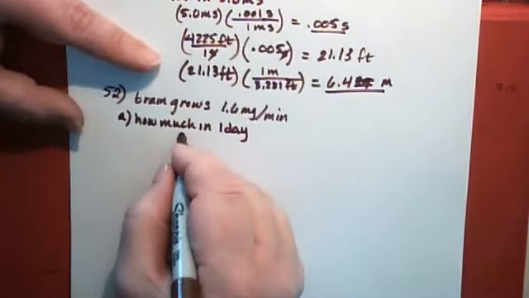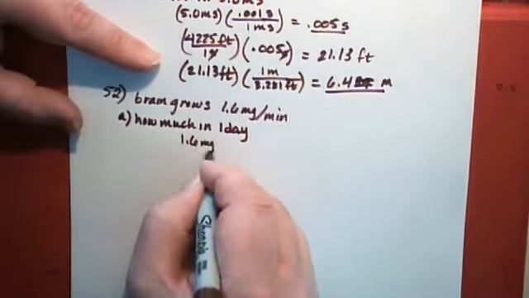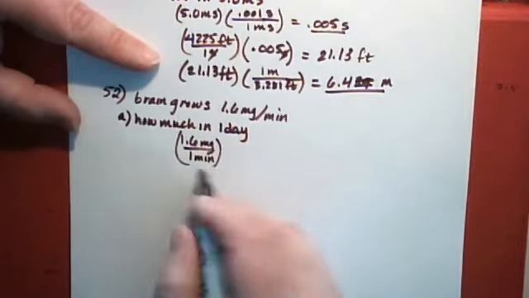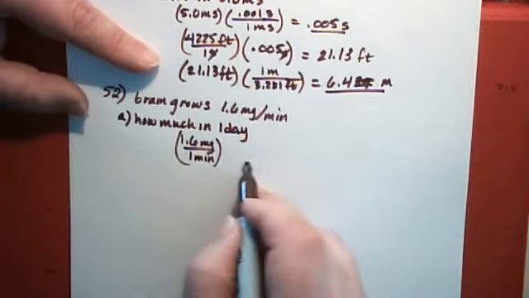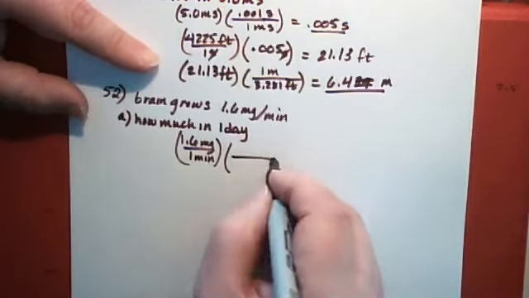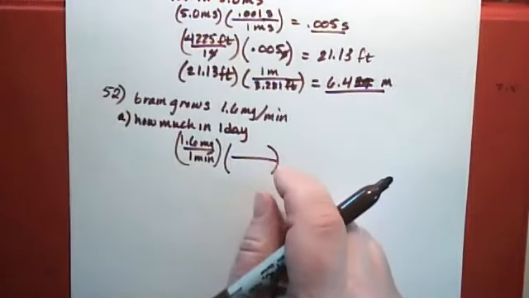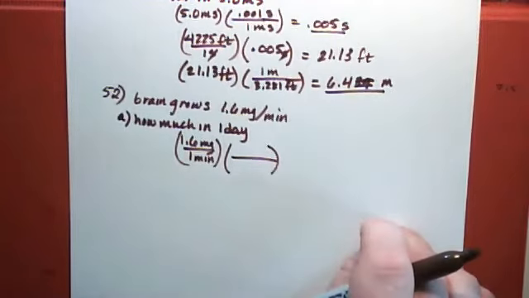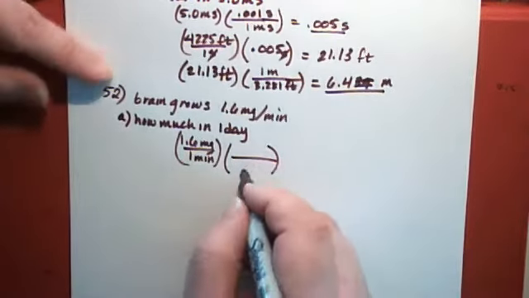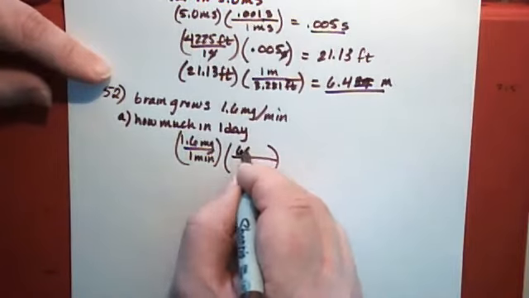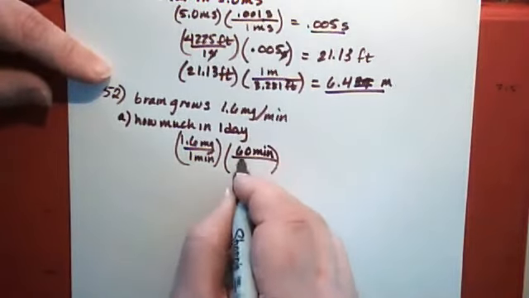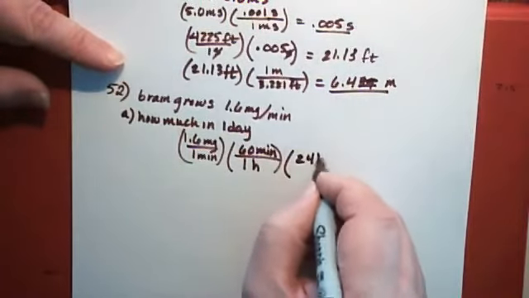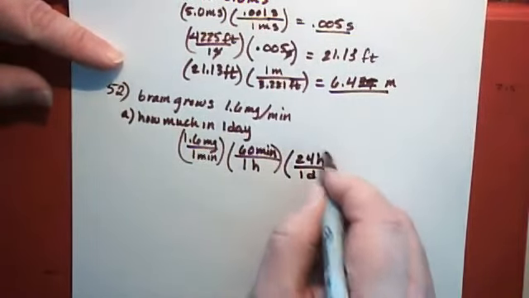Well, let's see. We've got 1.6 milligrams per minute. We want to change the unit on the bottom to days. Well, I don't know how many minutes are in a day, but we can go from, say, minutes to hours to days. That shouldn't be too bad. There are 60 minutes in 1 hour and 24 hours in 1 day.